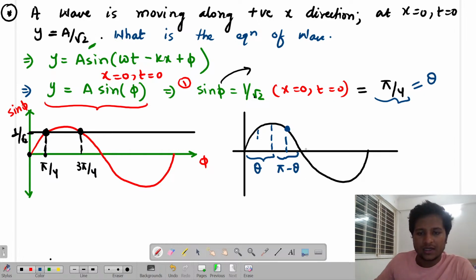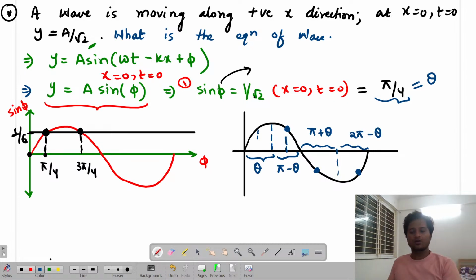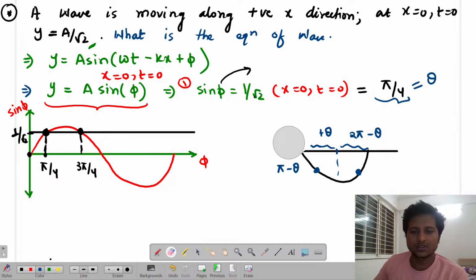And if I'm getting an intersection somewhere over here, then that angle from here to here is marked as pi plus theta. And if this intersection is over here, then this is marked as 2 pi minus theta. Are you able to get me or not? Now you got the idea? Sakshi, you got the idea? Okay, so this is how we do it.